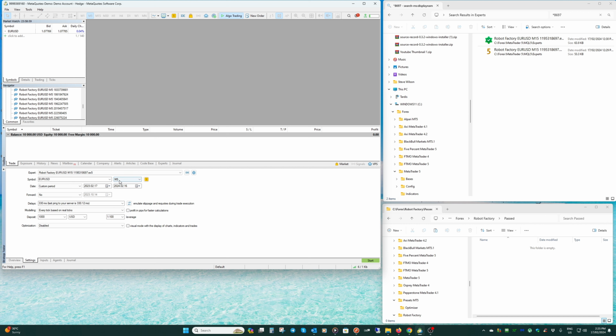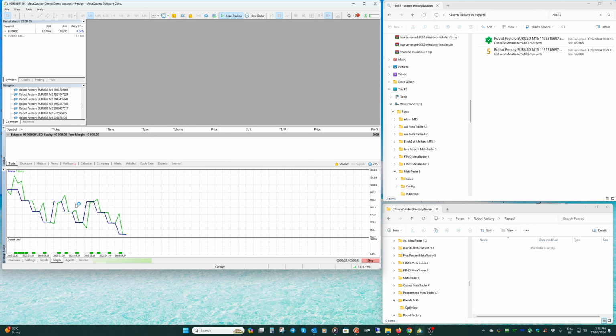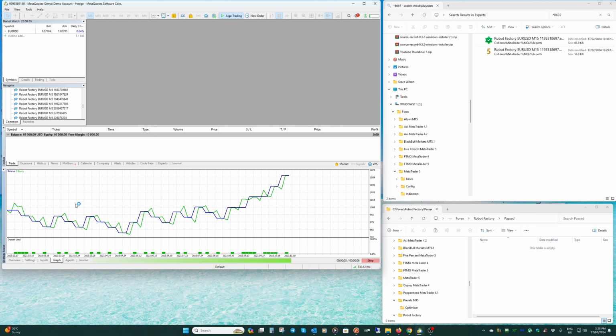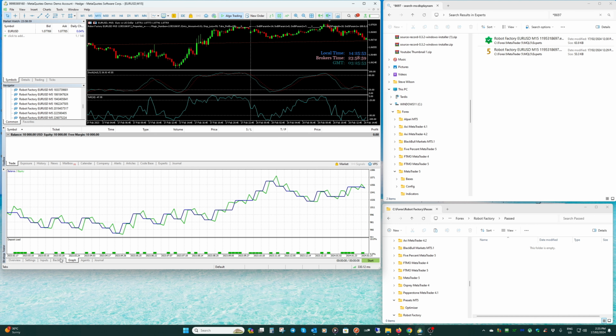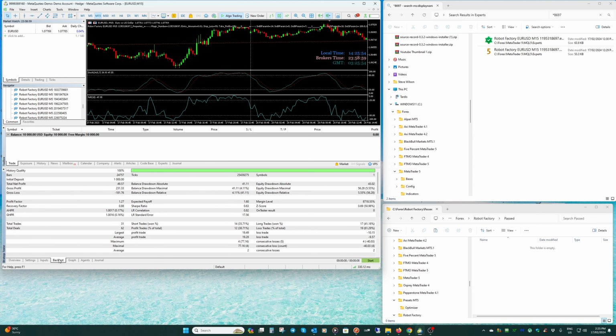Okay, just got to make sure I put this on the right time frame. So this is on the M5 time frame. So let's start, see how it goes. Okay, that one is average return. It's not so great.